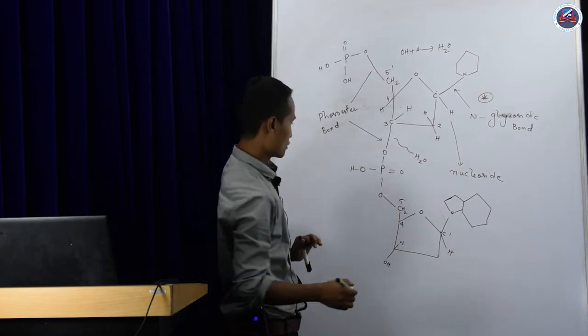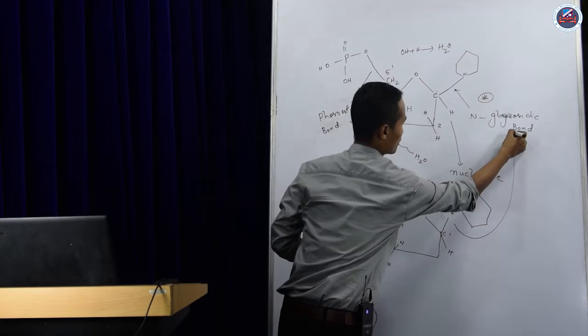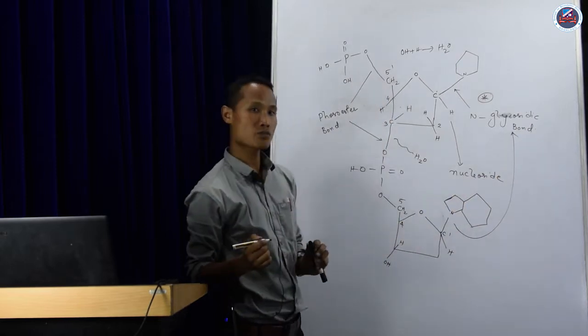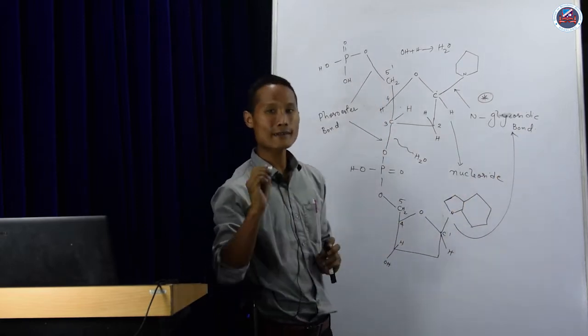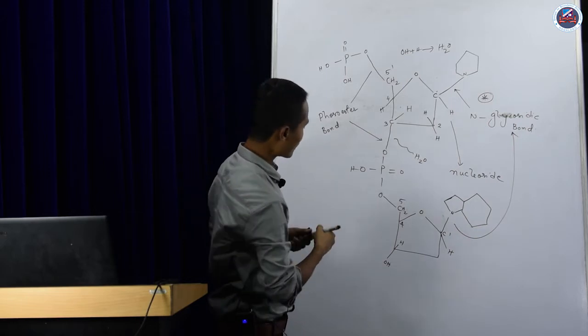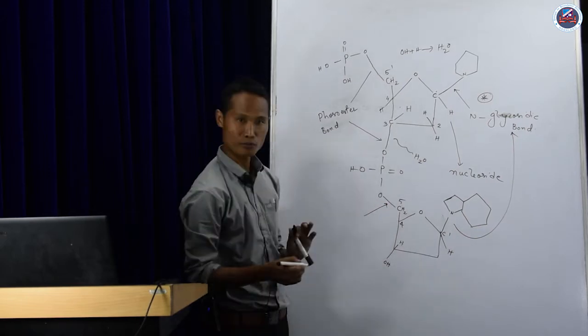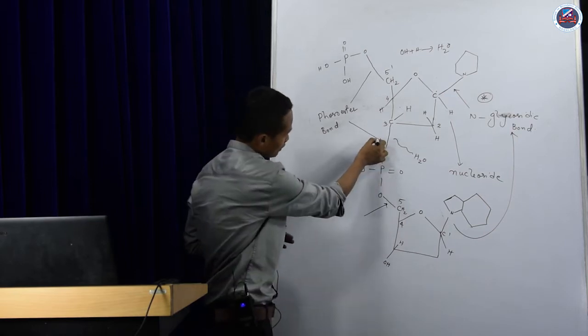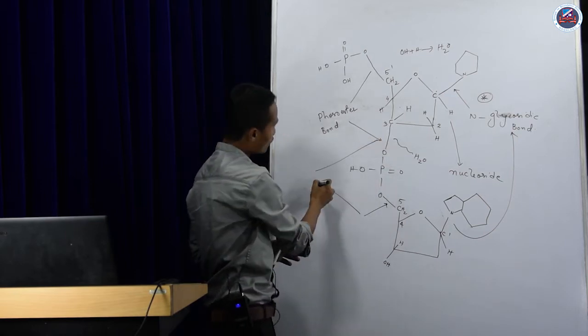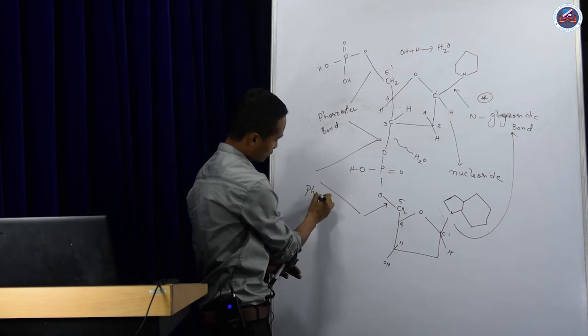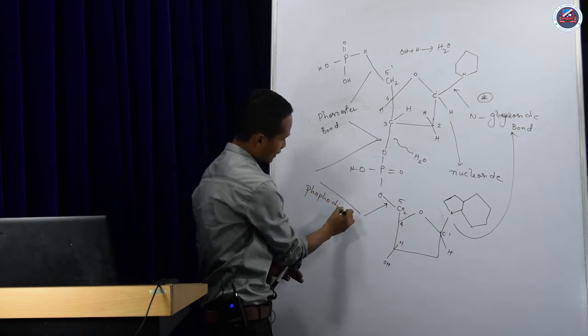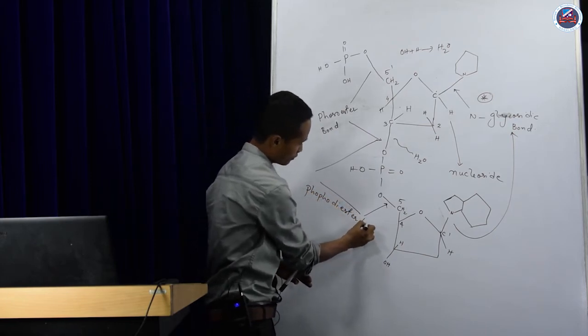This bond is the N-glycosidic bond, or N-glycosidic linkage, and this other bond is the phosphoester bond. Together we call these two the phosphodiester bond.